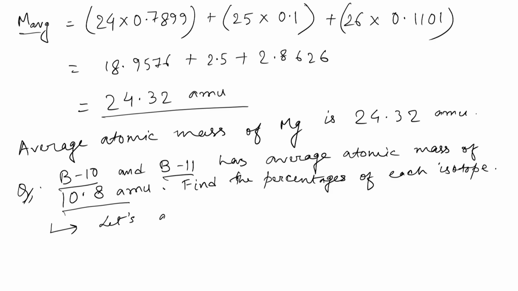So let's assume percentage of B10 is equal to X. We know that if we add the percentages, it becomes 100, right? So if the percentage of B10 is X, then percentage of B11 will be 100 minus X. Okay.